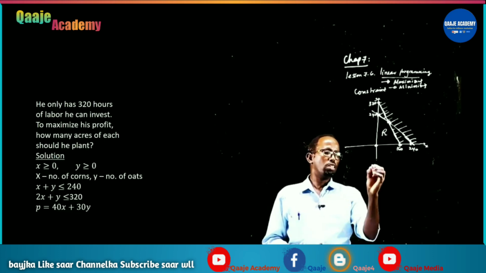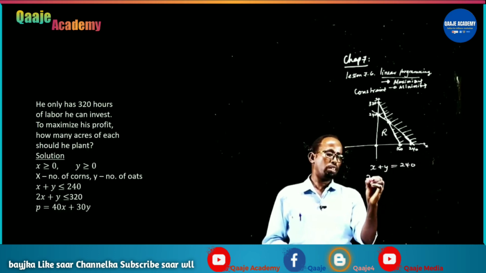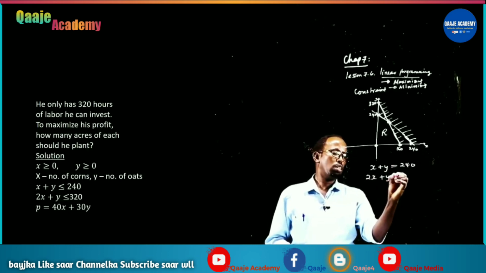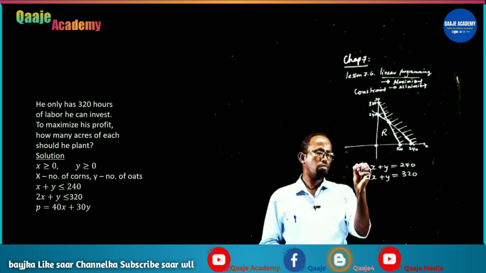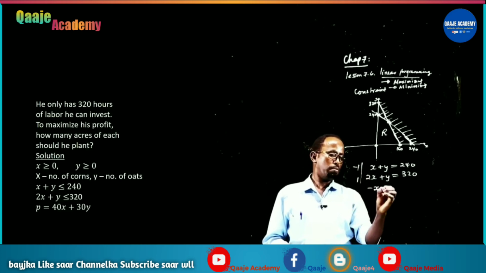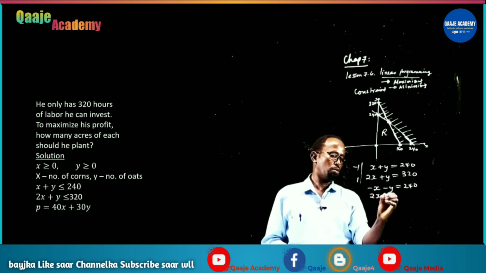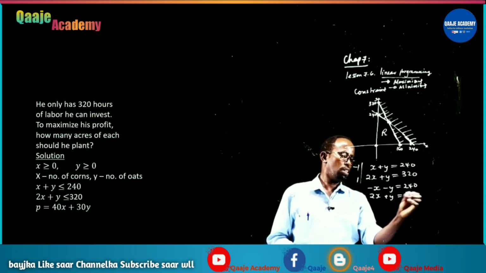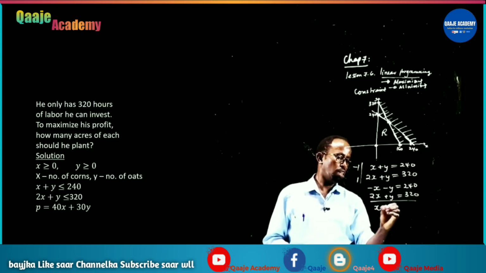The corner point is x plus y equal to 240, and then 2x plus y equal to 320. So multiply the first one by -1, you get minus x minus y equal to 240 (minus 240). This one is 2x plus y is equal to 320. Therefore, you cancel the y's, you get only x, and then you get 80, I'm sorry, this is 80.